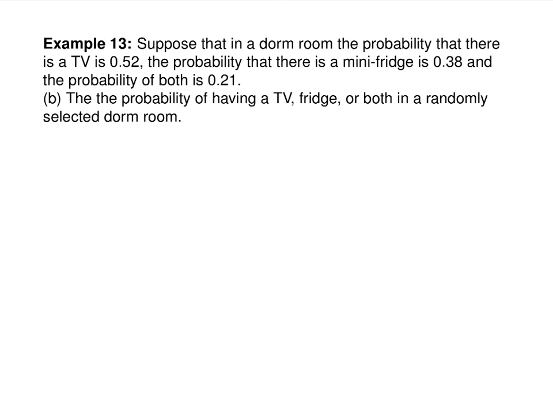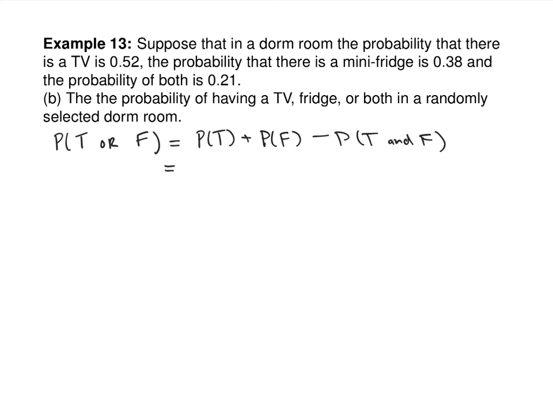So what is the probability of having a TV, fridge, or both in a randomly selected dorm room? So that's the probability of, we'll say, T for TV or F for fridge. Well, for that we use our rules for ORs, which is P of T plus P of F minus P of T and F. And don't forget that last part, because unless the events are mutually exclusive, that thing is going to be non-zero.